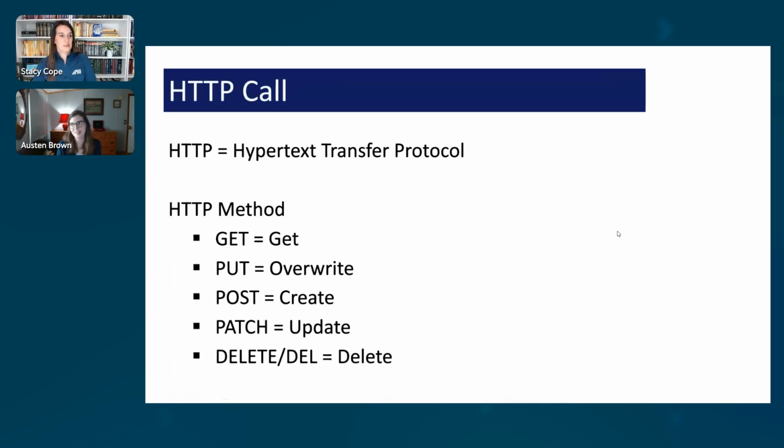Our examples today will be for Razor's Edge because that's what we know best, but you can use an HTTP call for any of the APIs available through Sky API via Blackbaud. So that's exciting. We just wanted to present you with a bunch of information so you can speak this language too.